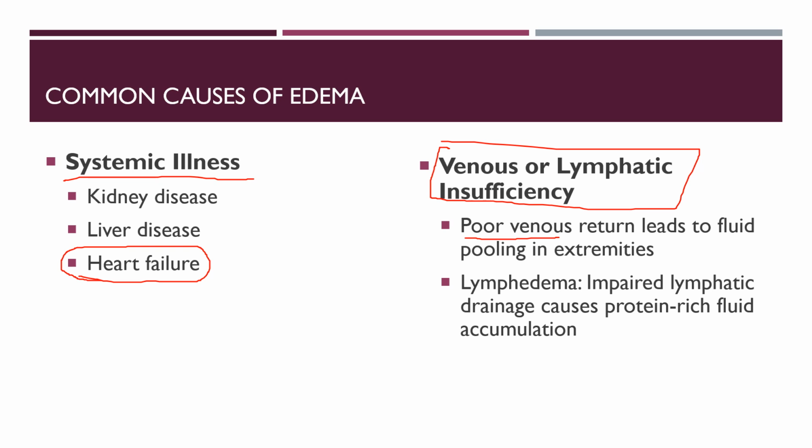So that hydrostatic pressure tends to increase whenever we have pooling of this fluid in the extremities. That's going to lead to excessive amounts of leakage into that interstitial space. Okay, so we'll talk about venous insufficiency and how we really can identify venous insufficiency with our patients, because there are some pretty telltale signs that, again, we're going to discuss in just a few moments.